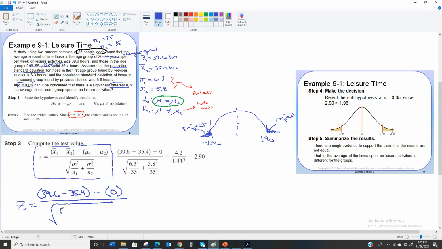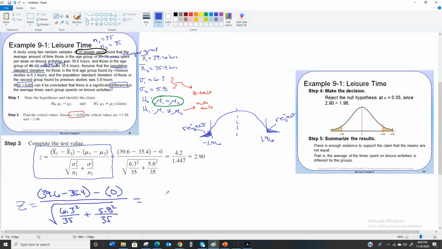So that's 6.3 and 5.8. And that was the standard deviation, so we still need to square it. If by chance they gave us variance, you wouldn't have to square it, but they don't typically do that. They usually just give us standard deviation. And then in this case, it said both groups were 35. Both samples were 35. So our N1 and our N2 are both 35.